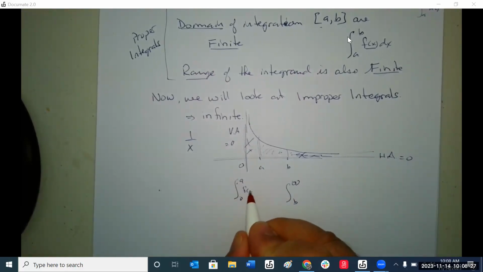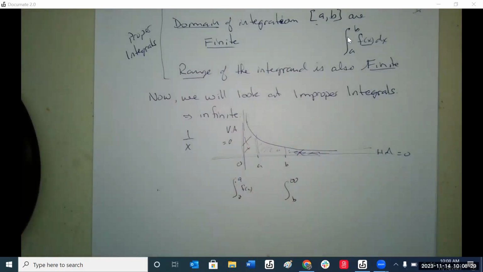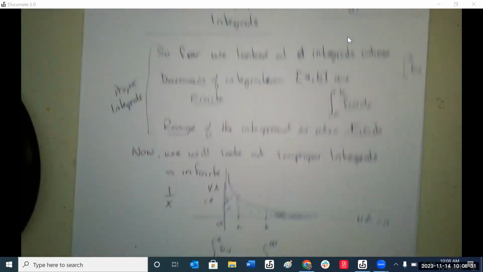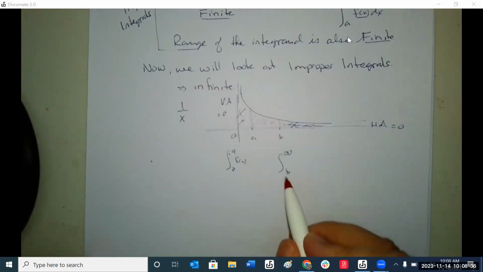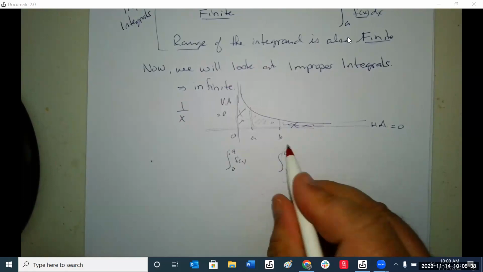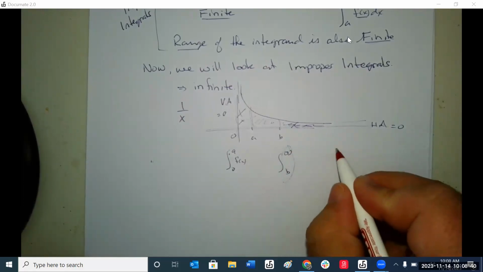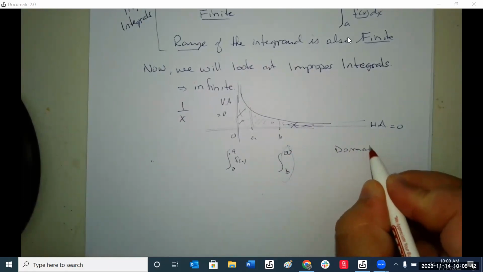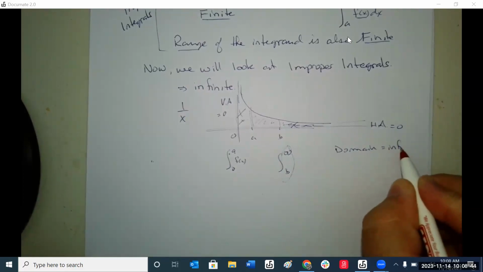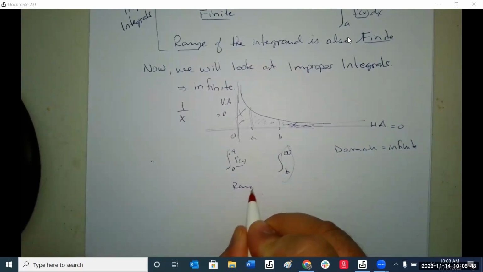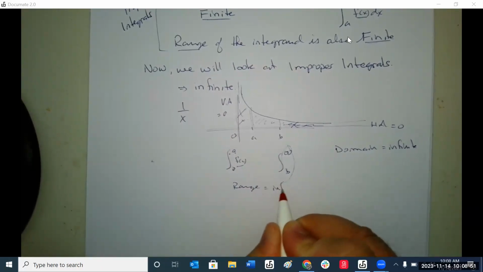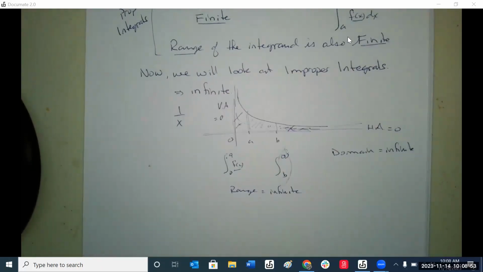The function here is going to infinity. So basically, as I said here, the domain is finite, the range is finite. The domain is infinite, and the range is infinite. Those we call improper integrals.